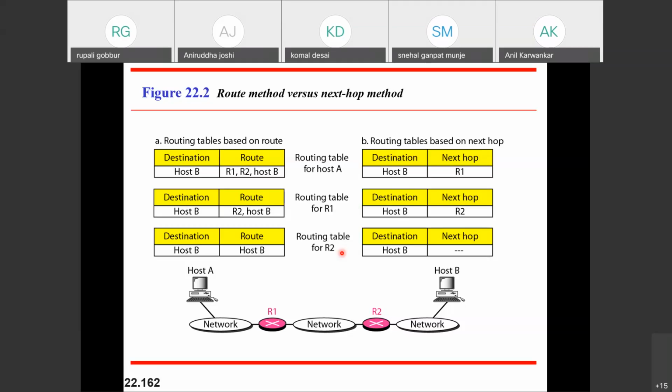So for the routing configuration, the route will be R1 to R2 to host B. It will be initially from host A to R1, then R1 to R2, then R2 to host B. The routing table for R1 will define the next path or next hop of the packet, which is to go from host A to host B. The R1 routing table defines the entries, and this particular configuration is the forwarding of the packet based on route or forwarding of the packet based on the next hop.